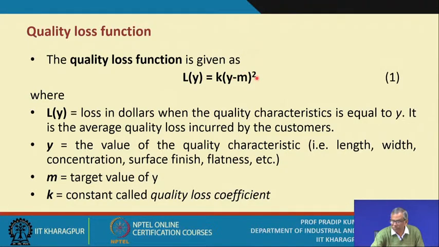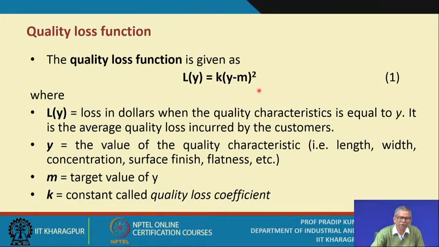So, when you consider the proportionality constant, the equation becomes L(y) equals k times, that is the proportionality constant, into (y minus m) square. This is Taguchi's assumption, and it is a quadratic loss function. He has assumed a quadratic loss function.